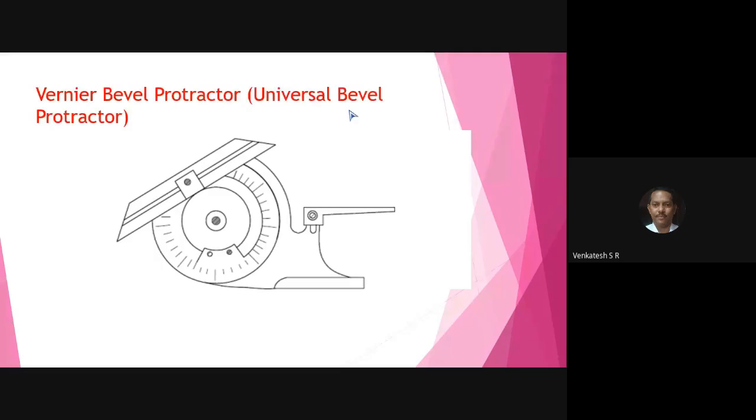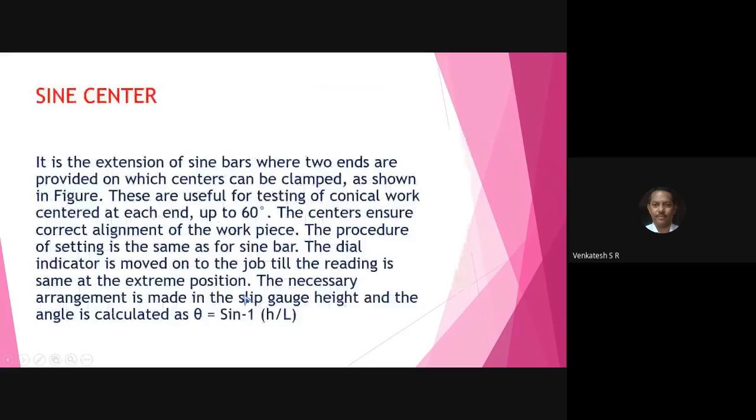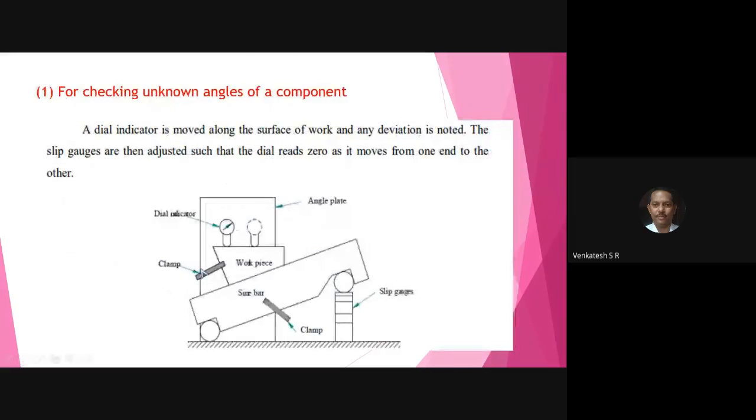From this, you can measure the angle of the tapered workpiece, then note down the taper angle. Then you have to measure the taper using the sine bar. First, keep the sine bar on the surface plate.